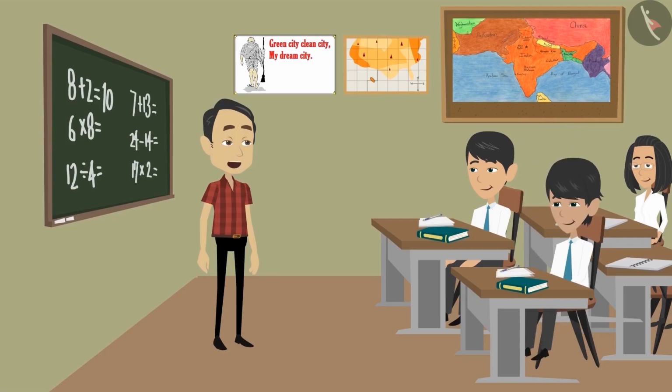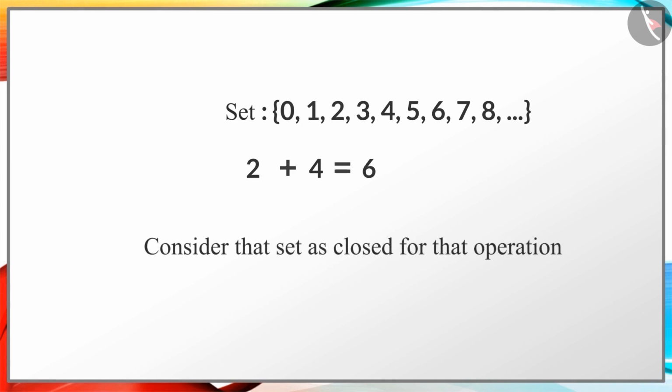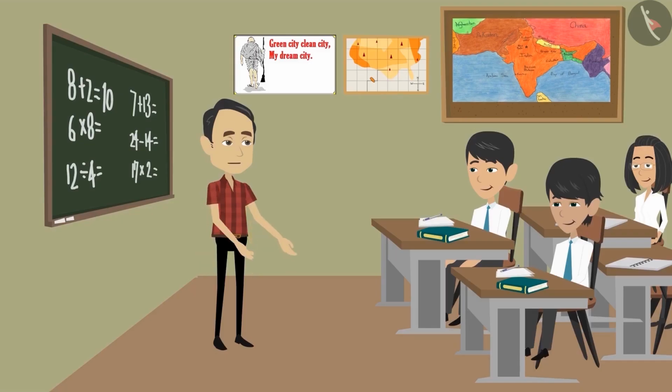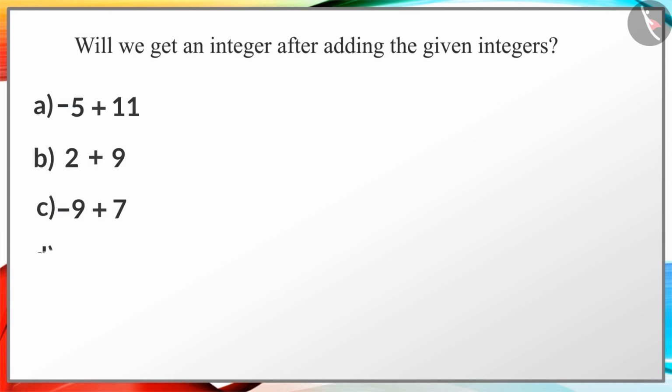Children, you have already learned about closure property in the previous class. Can you tell me, what is closure property? Whenever we use an operation on the numbers of a set and the resulting answer also falls within the same set, then we consider that set to be closed for that operation. Well done, Rahul. Children, now add these integers and see, will we get an integer after adding them?